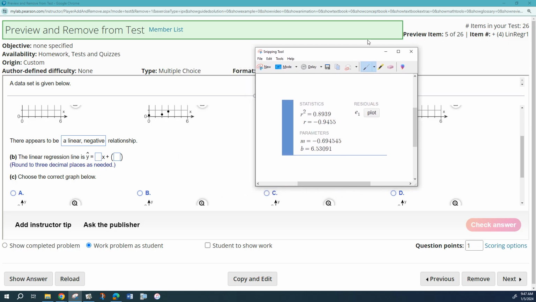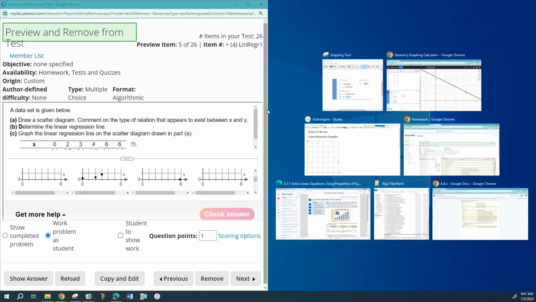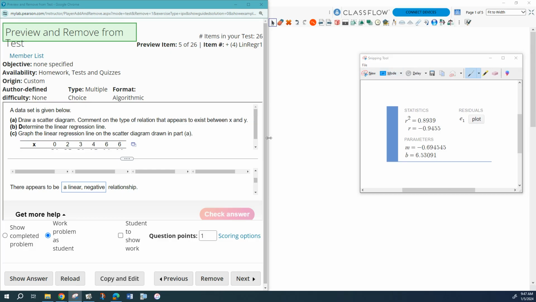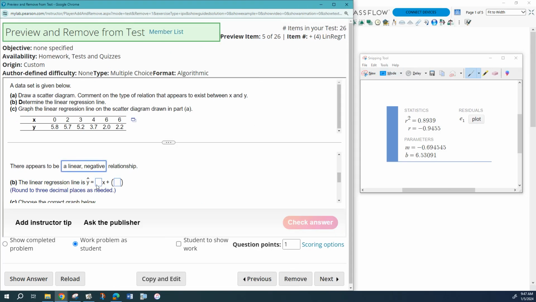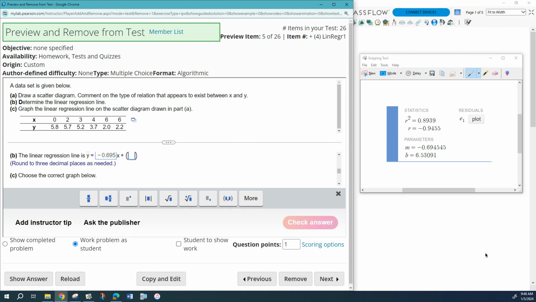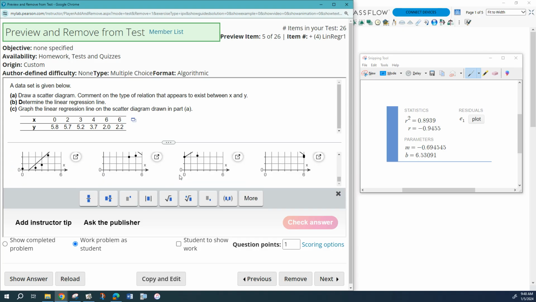So the slope rounded to 3 decimal places is negative 0.695. There it is. Okay, the y-intercept rounded to 3 decimal places is 6.531. Exactly.